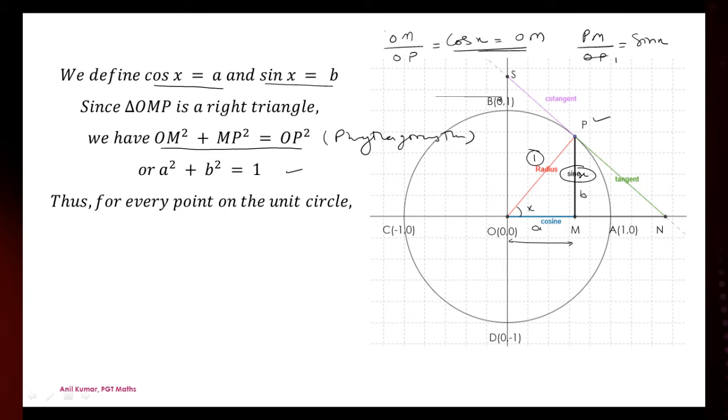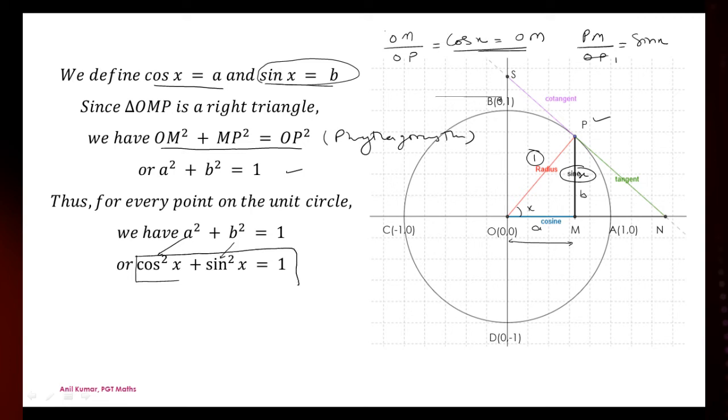A is equal to OM, which is equal to cos X, so replace A with cos X. And as B is equal to sin X, replace B with sin X. So I got an identity that cos square X plus sin square X will always be equal to 1.